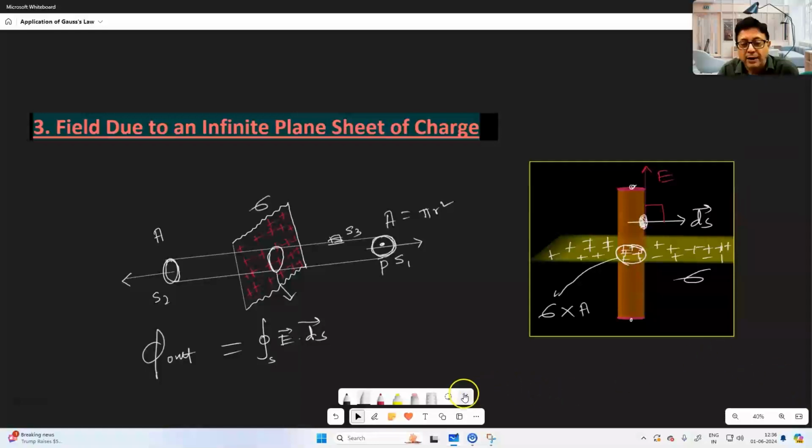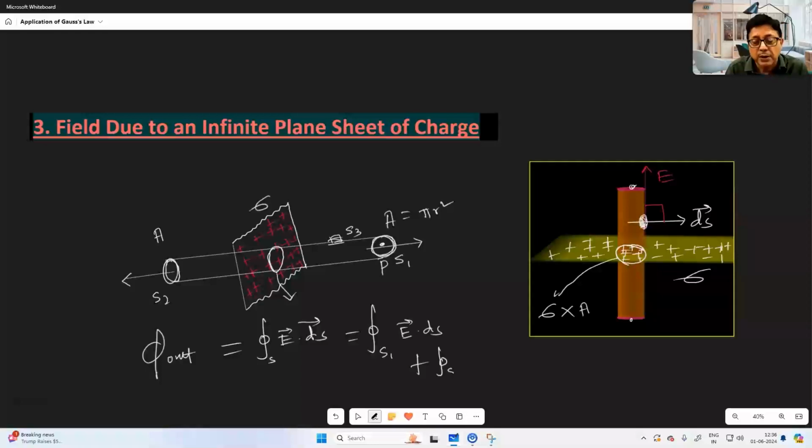That will split as the surface integral of S1 E dot ds, plus the surface integral of S2 E dot ds, plus the surface integral of S3 E dot ds. Am I correct?